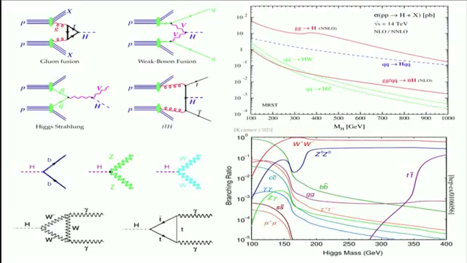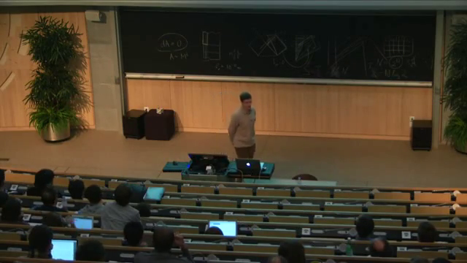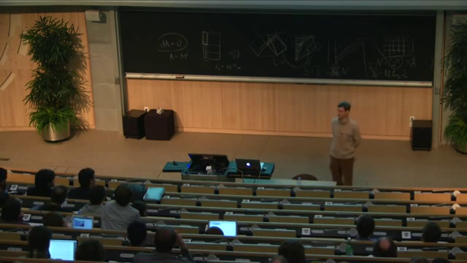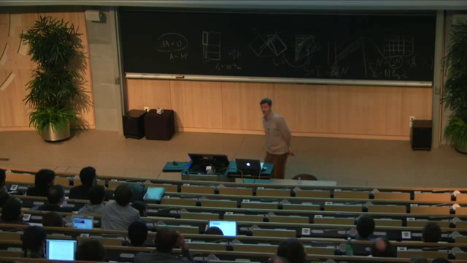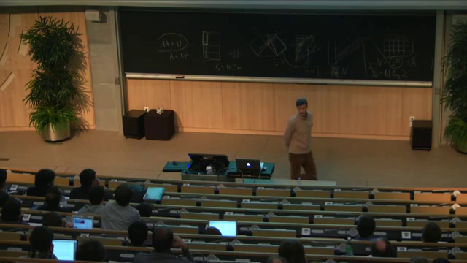Now, this may seem strange, because after all, the Higgs boson was a particle supposedly related to mass. So its coupling has to be proportional to mass, and the gluon is massless. And the reason why it couples to the gluon is because, if you wish, of the anomaly in the scale invariance, so that the coupling of the Higgs to two gluons is nothing else than the beta function.